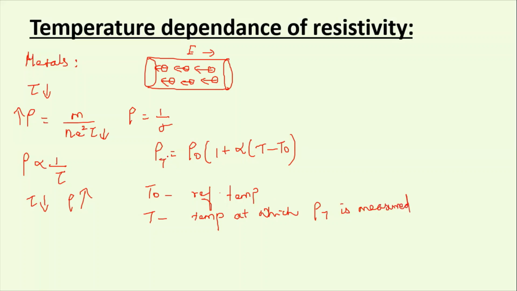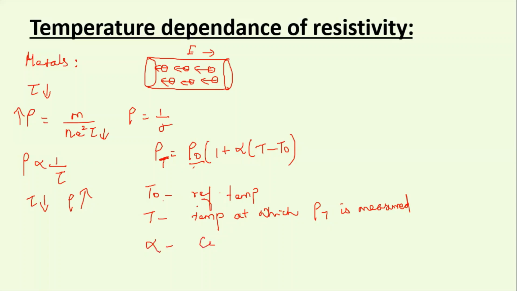Rho T will be the resistivity at the required temperature and rho naught is the resistivity at the reference temperature T naught.